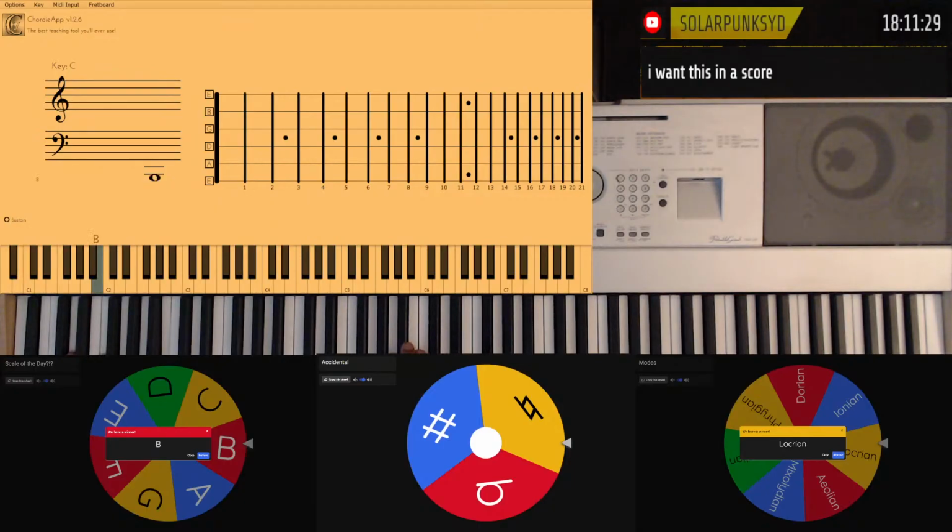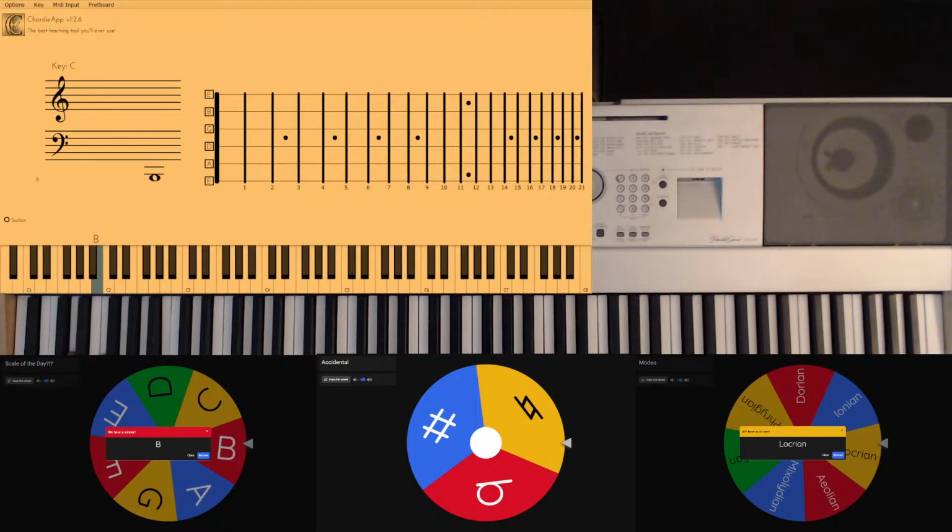Let's try to find a really nasty and tension-loaded minor chord that probably has some kind of minor second in there. Let's see. Maybe not necessarily minor second, but maybe. Ooh, that's interesting.